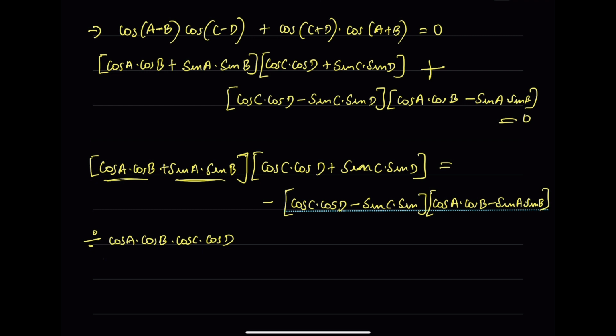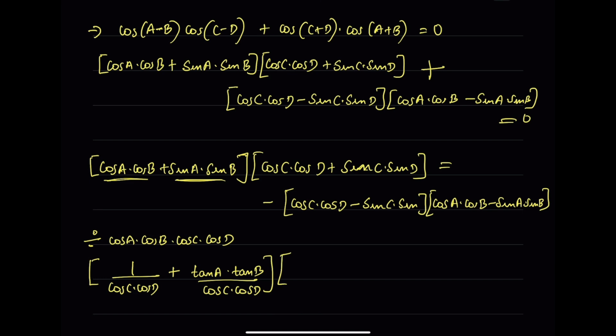So cos A cos B would get cancelled and we would have 1 by cos C cos D plus, in the second part, sin A sin B by cos A cos B would change to tan A tan B, and the remaining would be cos C cos D.